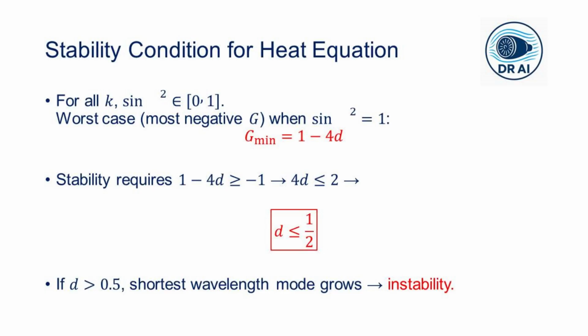Thus, the FTCS for a heat equation is stable if and only if d is less than or equal to half in value. So if we exceed this, the mode with the shortest wavelength, kΔx equal to pi, will grow in amplitude every time step, causing oscillations and eventual blow up.